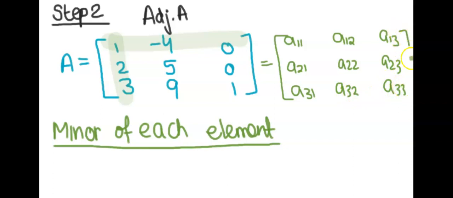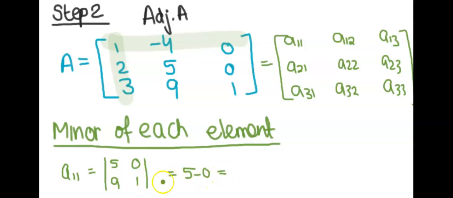So I need to find the minor for element A11. How do I do that one? I write A11 here and then put the determinant sign, 5, 9, 0, 1. And just the way you solve it, 1 times 5 is 5 minus 0. So A11 is in fact 5. So I rub this thing here and I put 5 there.